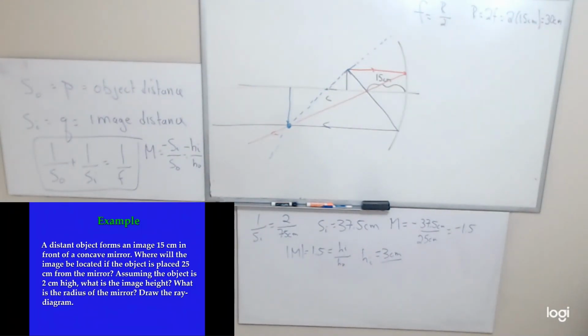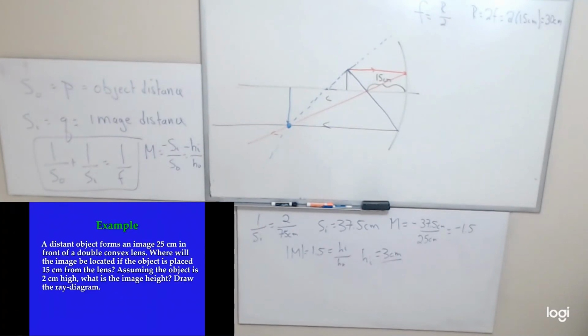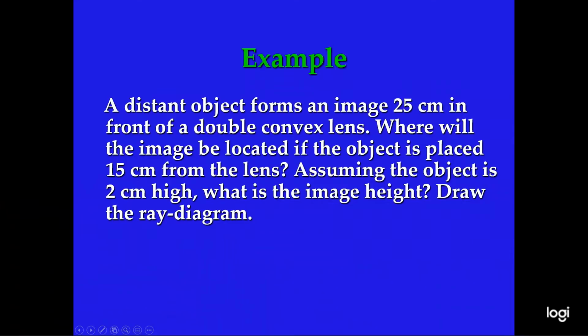Let's do another example, but this time let's do it with a lens. In this case, a distant object forms an image 25 centimeters in front of a double convex lens, and we want to find where the image will be located.